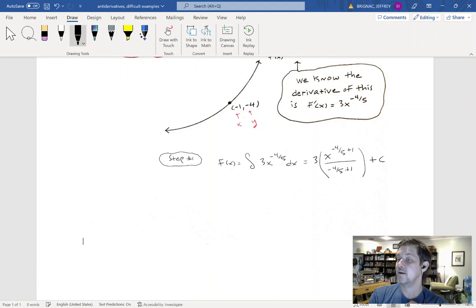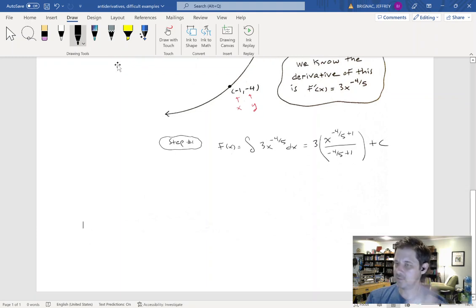And then I have my constant of integration, plus c. As far as that goes, let's clean this up a little bit. I'll get a 3. What's -4/5 plus 1? -4/5 plus 5/5. So that's going to be 1/5. So 3 times x to the 1/5 power divided by 1/5, plus c.